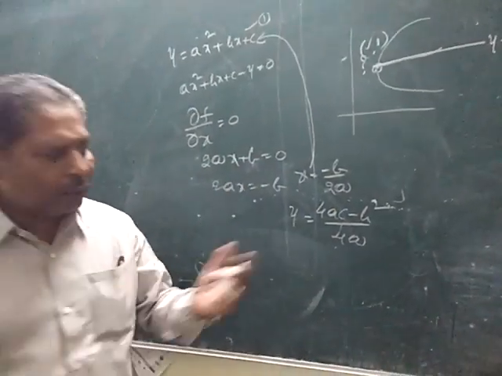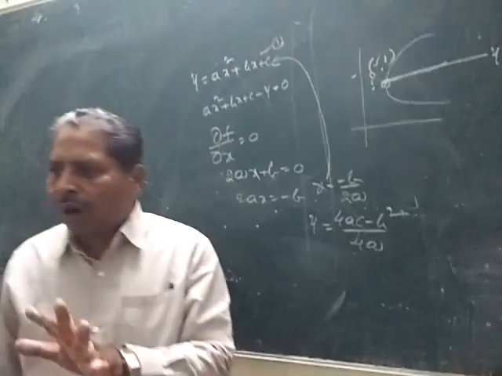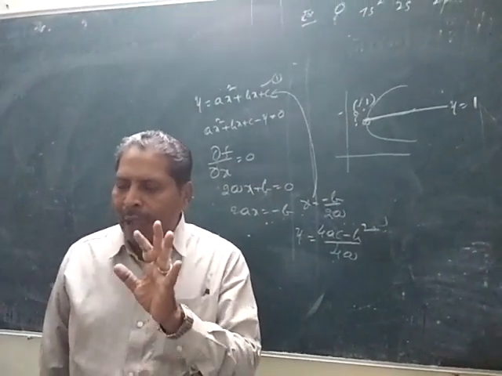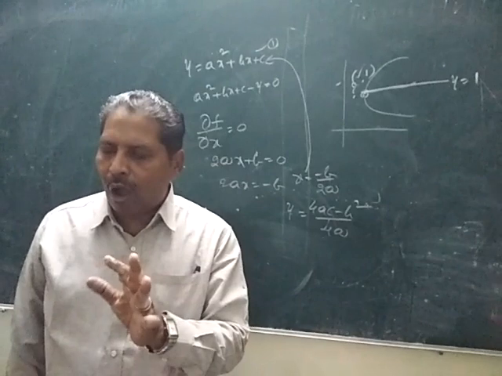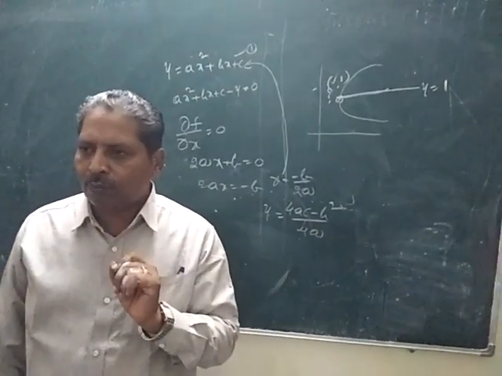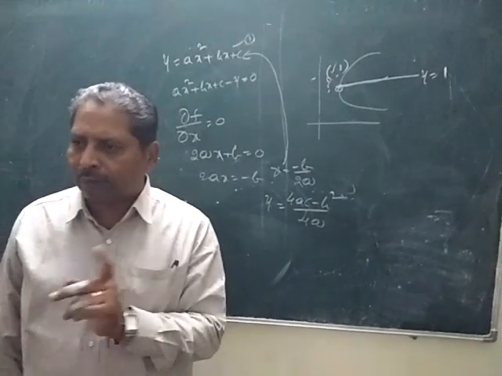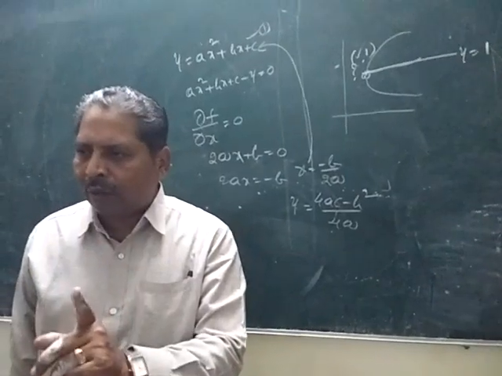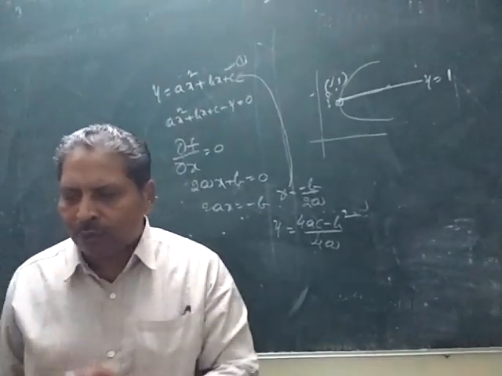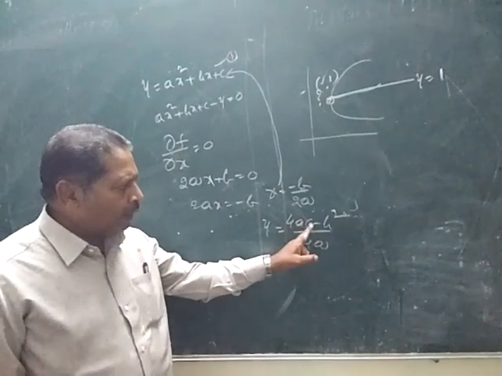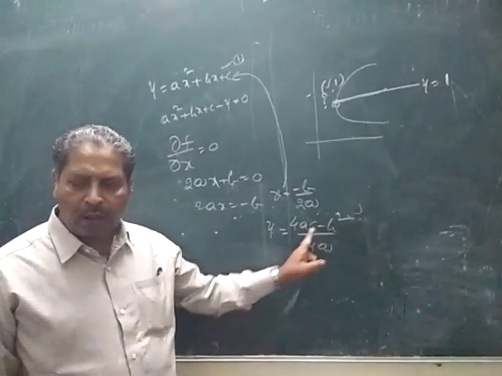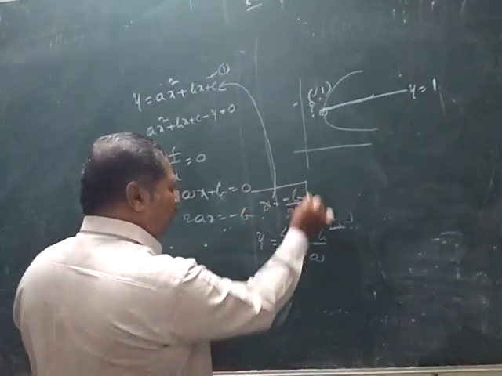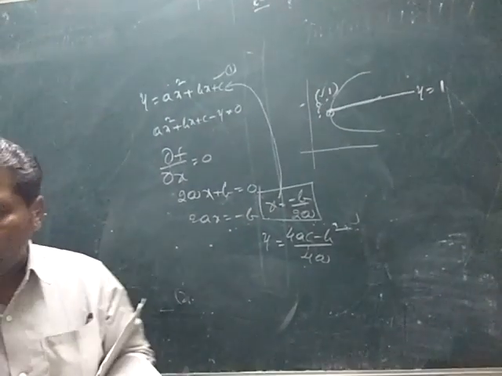Listen, this is the formula in the quadratic equations chapter, A paper. The maximum value or minimum value is 4ac minus b square by 4a at x equal to minus b by 2a.